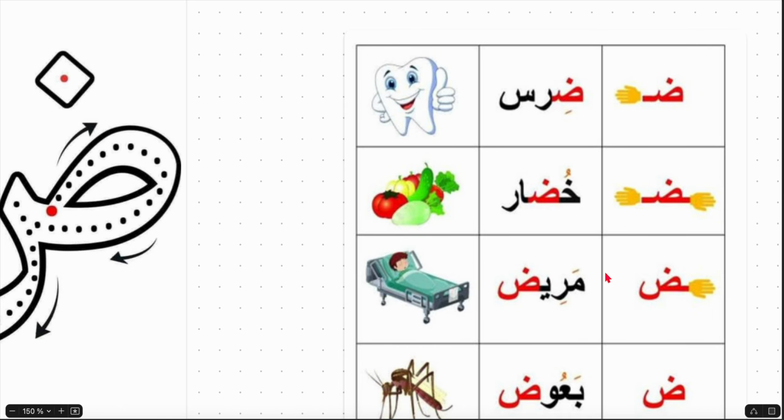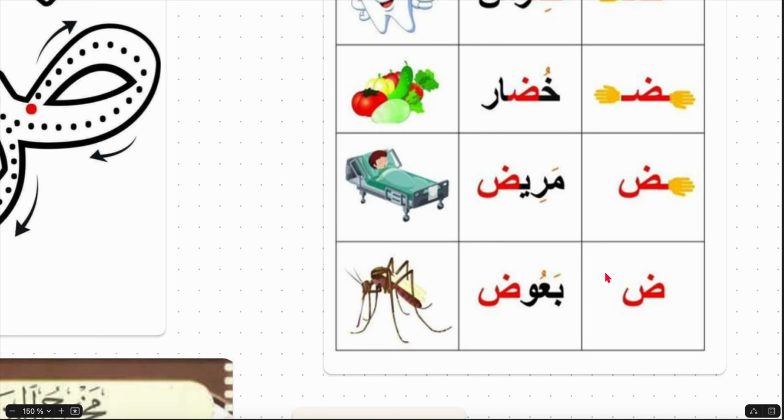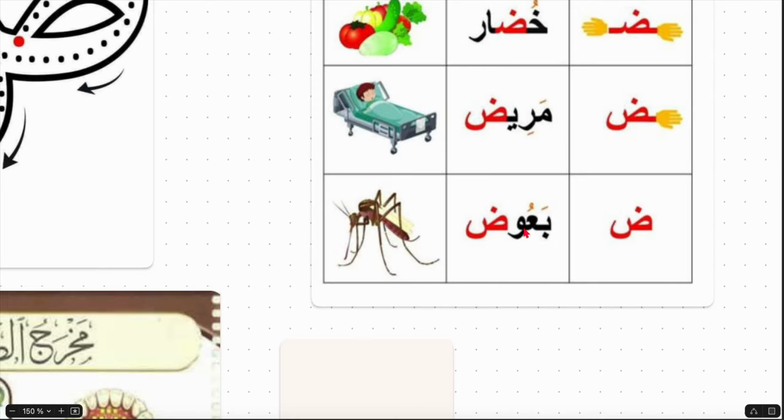At the end of the word connected like in the word مريض, sick. At the end of the word separate like بعوض, mosquito.